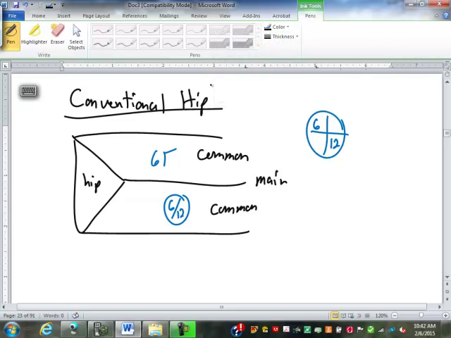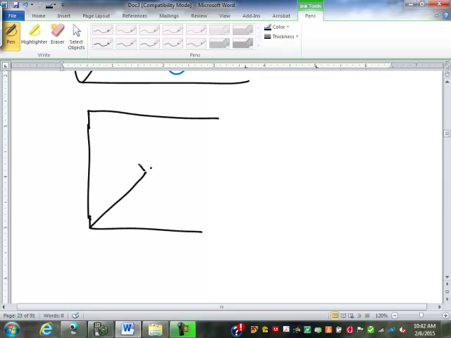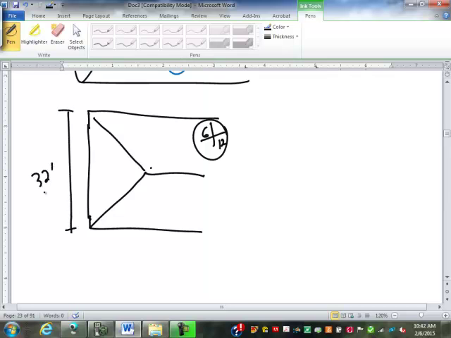Now I'm going to redraw this without so much crap in it. So both roofs have a 6/12 slope. And let's say we have a span here of 32 feet.